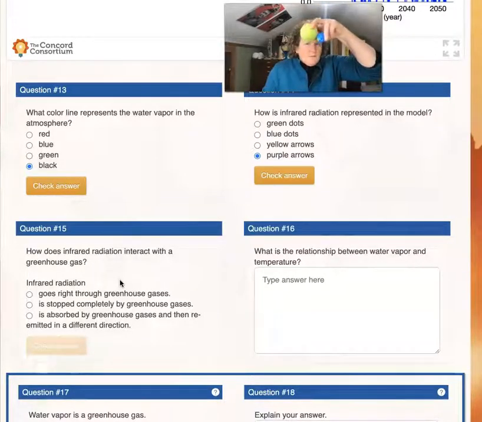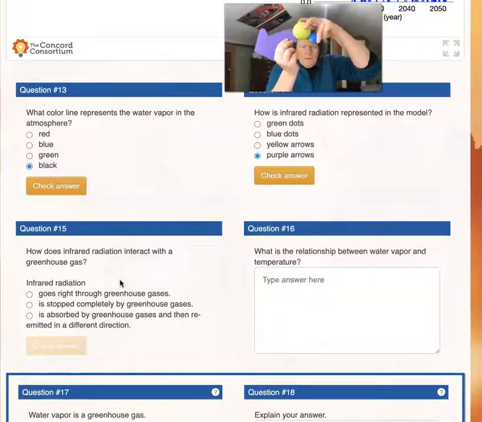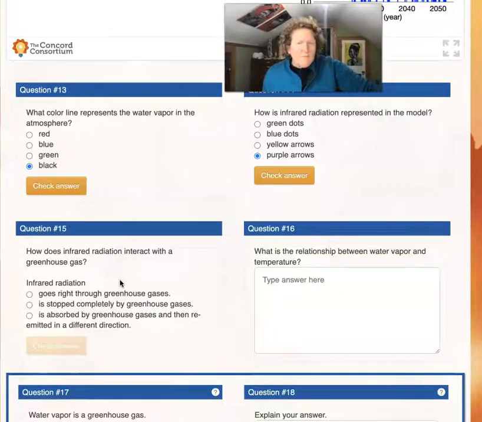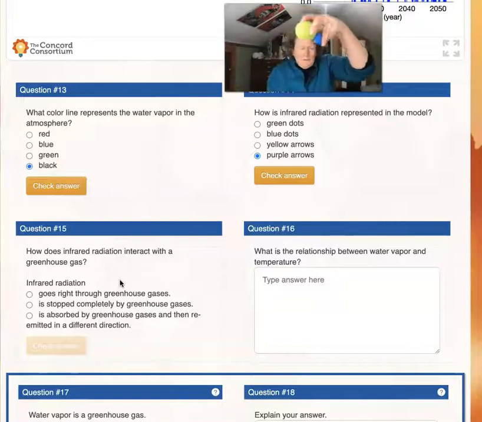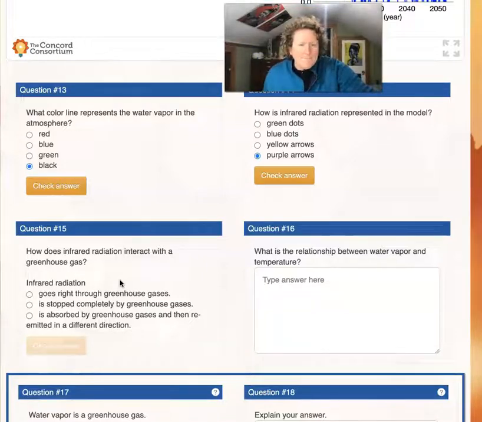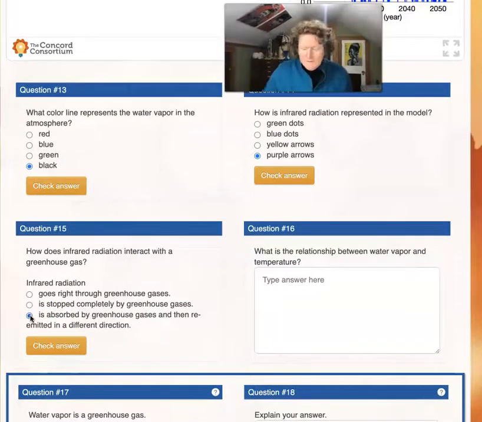And then eventually when that molecule cools down, that infrared radiation will be re-radiated or released back into the atmosphere. And so it basically goes in and comes back out towards the Earth. Sometimes it doesn't always go towards the Earth, sometimes it'll go sideways, maybe it'll go into space, but often it comes back towards Earth.